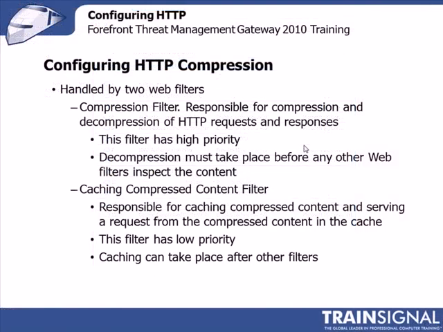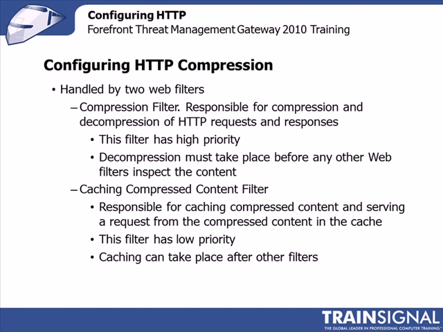The compression filter is responsible for compression and decompression of all web requests and responses, both HTTP and HTTPS. This filter has high priority because decompression must take place before any other web filters can inspect the content. So that list of web filters that you saw are actually used in order. The reason that the compression filter is high is because none of the other web filters can do their jobs with compressed content.